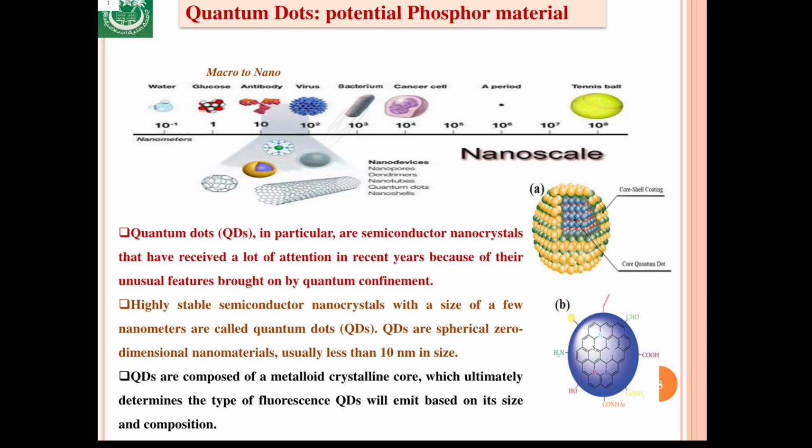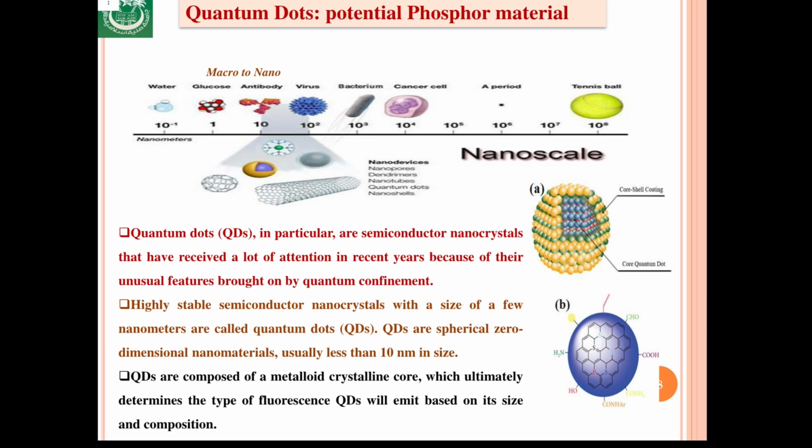So this basically provides the stability to the structure, as well as it leads to stable photoluminescence. Quantum dots can be made of several elements from groups of elements in the periodic table, like second and sixth, third and fifth, and so on.